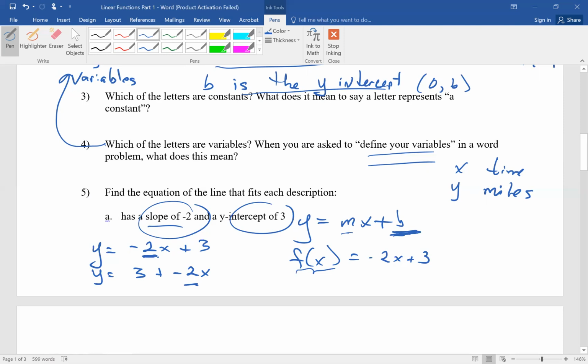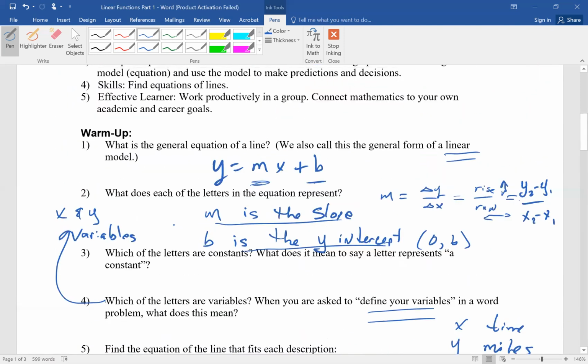And for that matter, if you want to make sure you know it's a slope, you can always write it as a fraction if you like. Most people don't, but make sure that you understand that the slope is a comparison, again, of two quantities. The slope is an average rate of change.